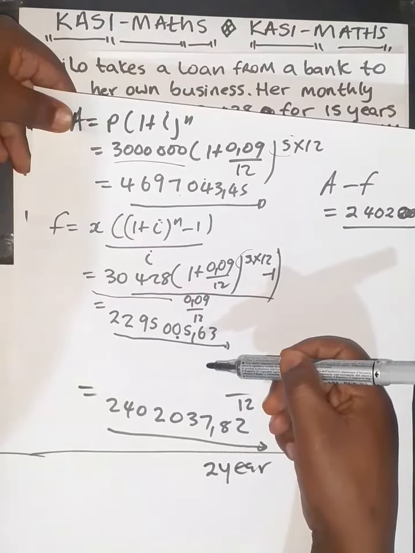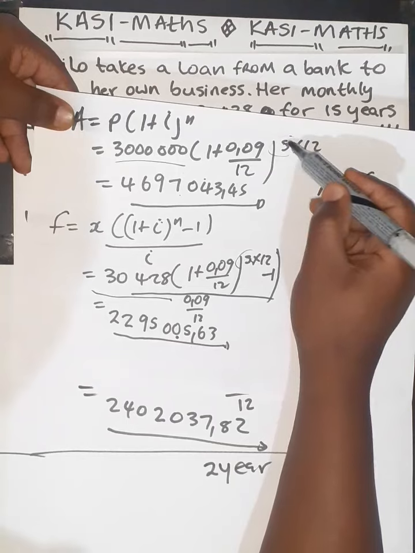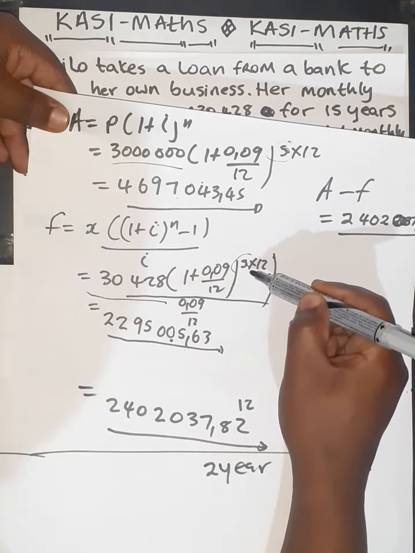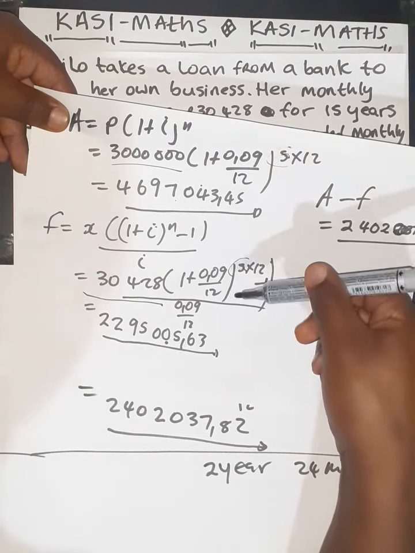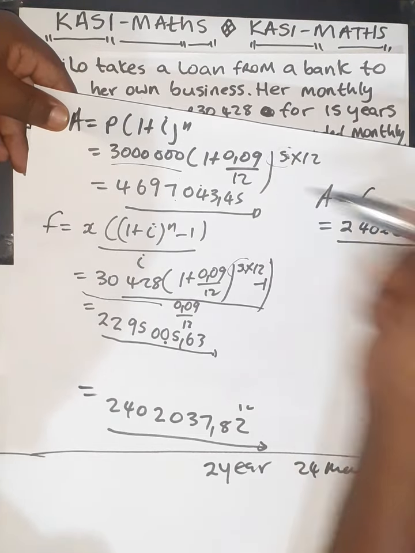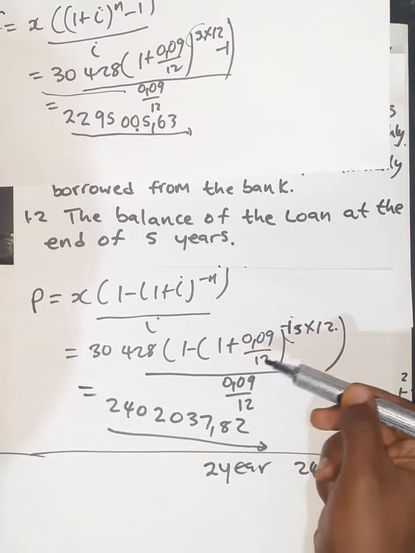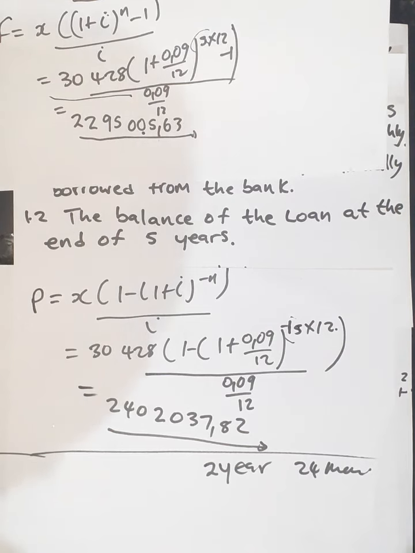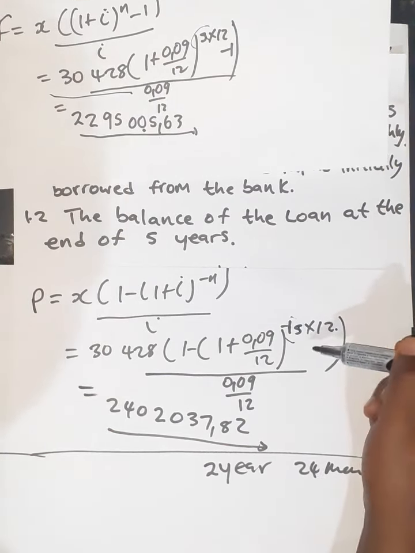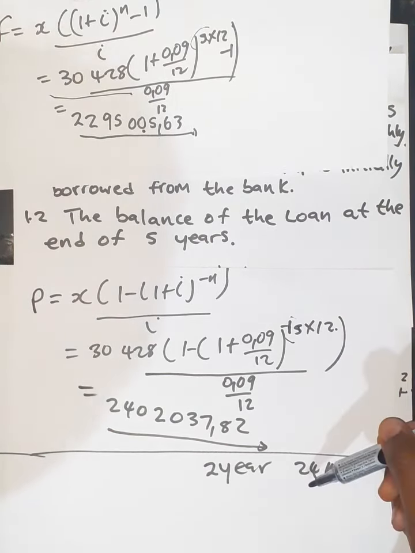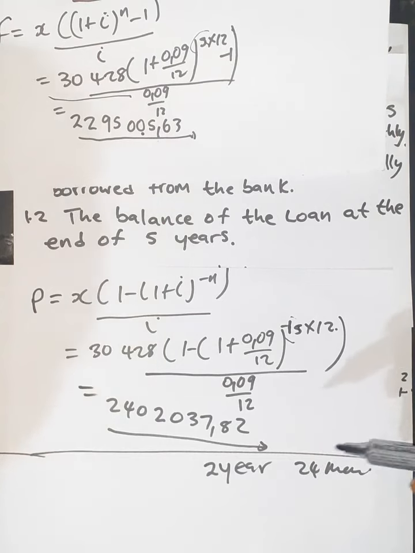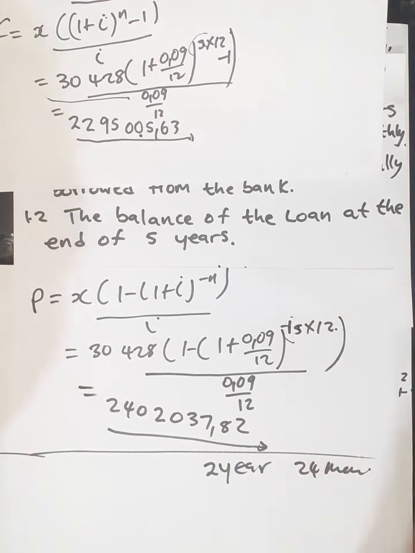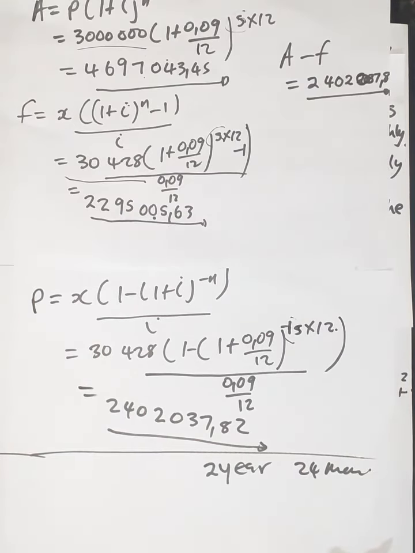If you're using the first method, you grow the loan for 7 months, grow your payments for 7 months, then subtract the payments from the loan amount. But if you're using the present value method, you cannot put in 7 months; you must put in what remains. Since it's 24 months and 7 months have been paid, it's 24 subtract 7, which gives 17. So you would put 17. Right, so this is the outstanding balance.